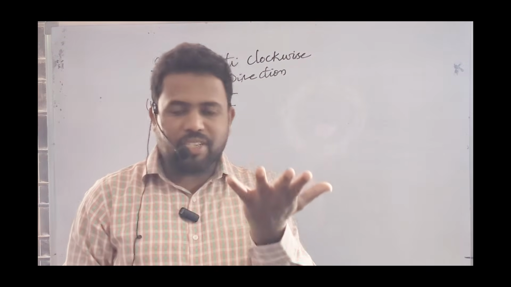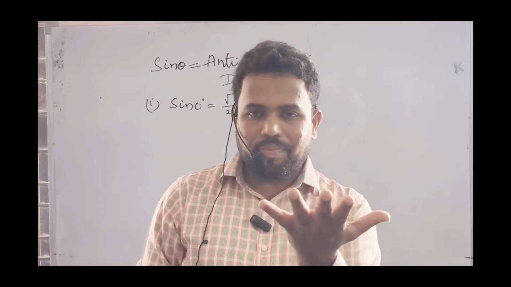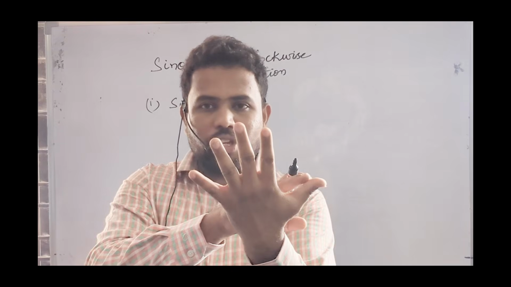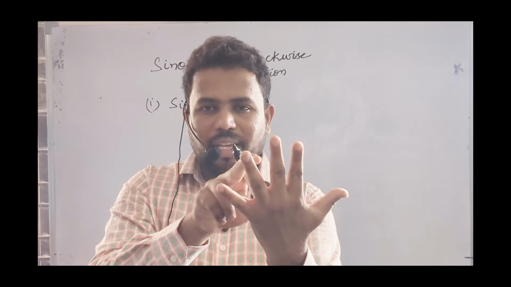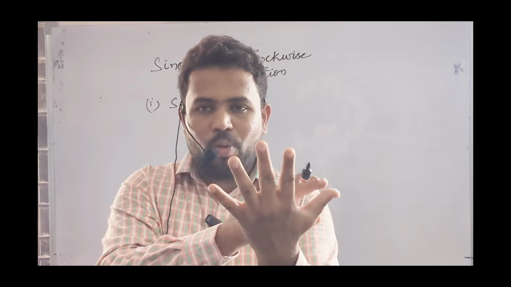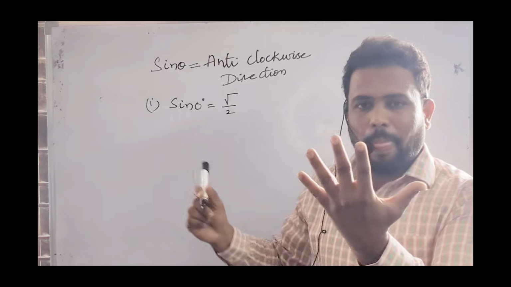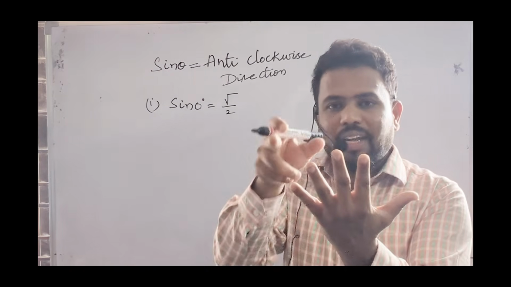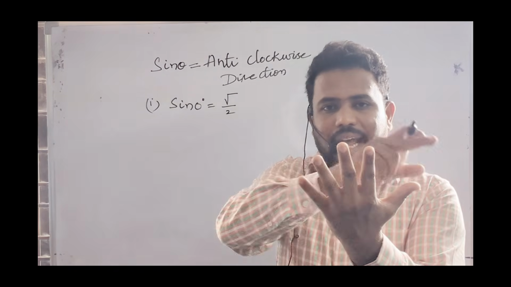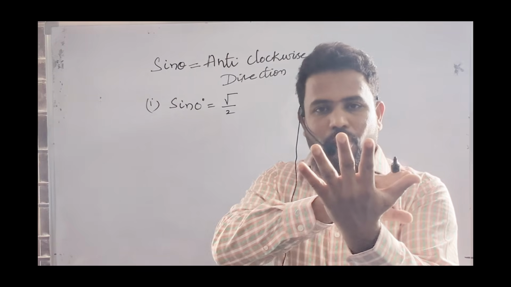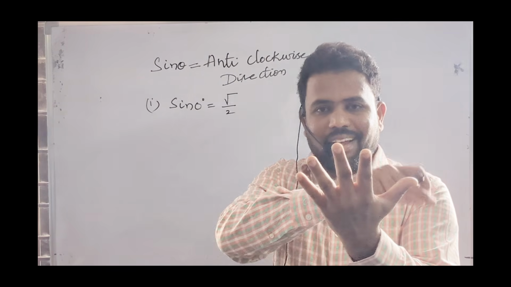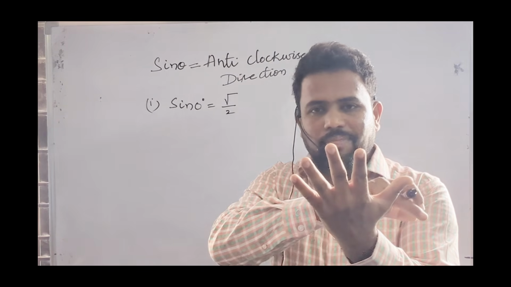Everybody, let's keep the hand again. This is your 0, 30, 45, 60, 90. We want sine 0 here. We count anti-clockwise. This is 0. Do you find any finger here?